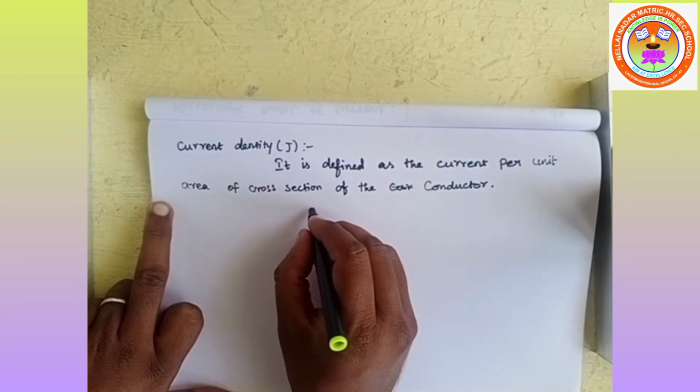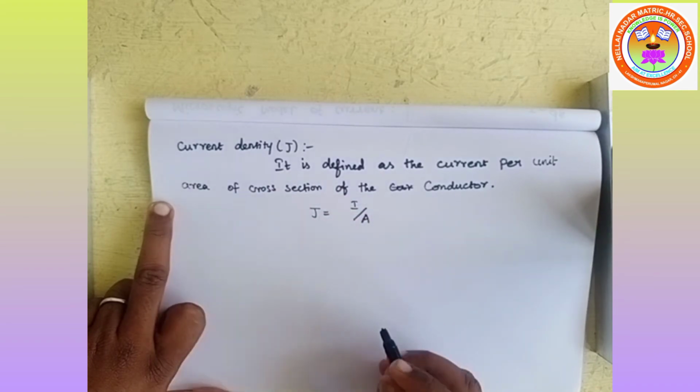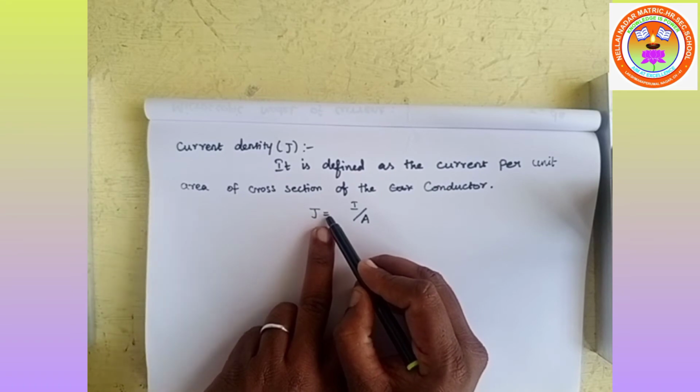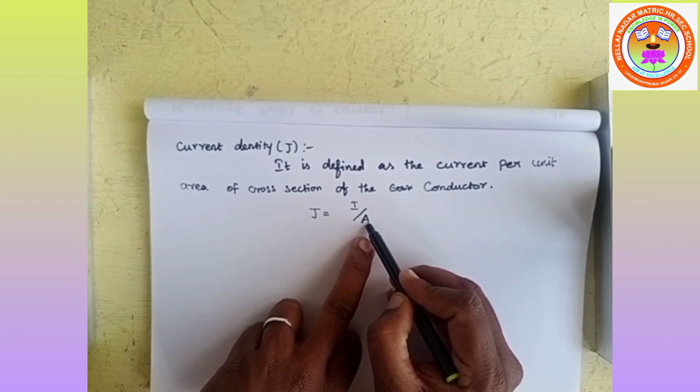Simply in formula, J is equal to I divided by A. So from the formula you can give the definition for it. It is defined as the current per unit area of cross section.